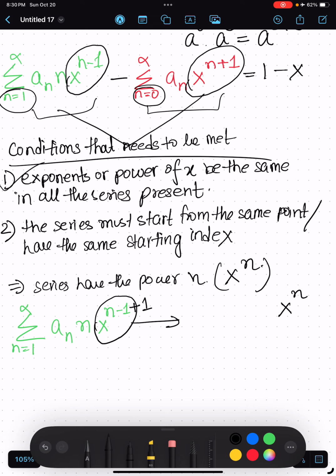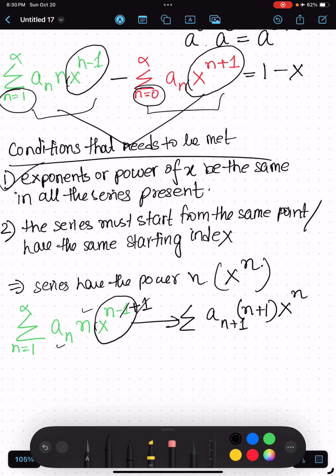So that means our negative 1 and positive 1 get canceled, so we're just left with x to the power n. So we only have to add a plus 1 to the power of x. Now, if we do that, that also means we have to add plus 1 to the rest of my n's in my series. So let's go ahead and do that. So now my a sub n becomes a sub n plus 1, and then my n becomes n plus 1.